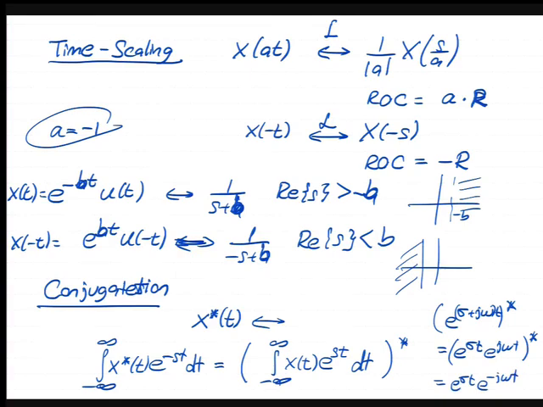So, therefore, we get e to the sigma minus j omega t, which is, if this was s, this is s star t. Okay? We actually derived a useful property: e to the st, starred, is e to the s star t. Okay? So the negative sign stays, but I should put a star here. Do you agree?